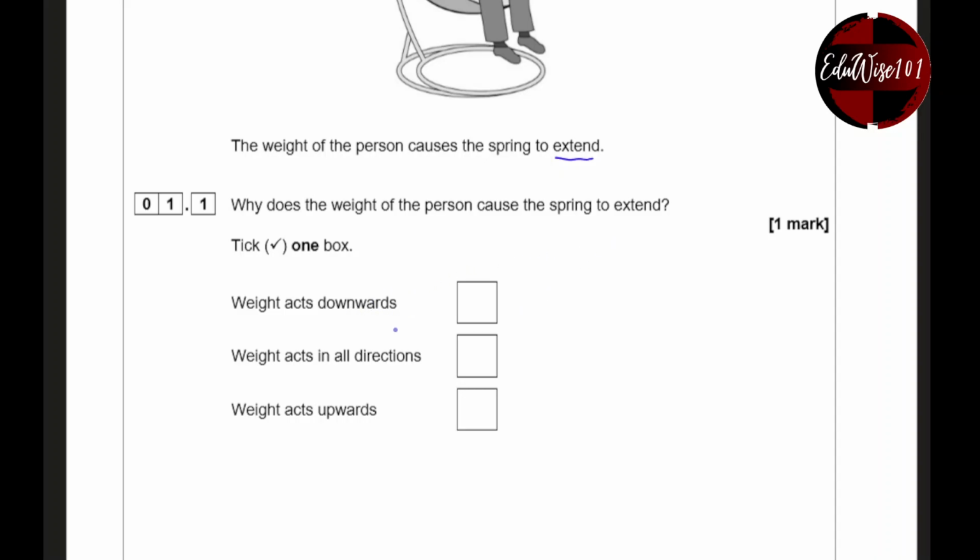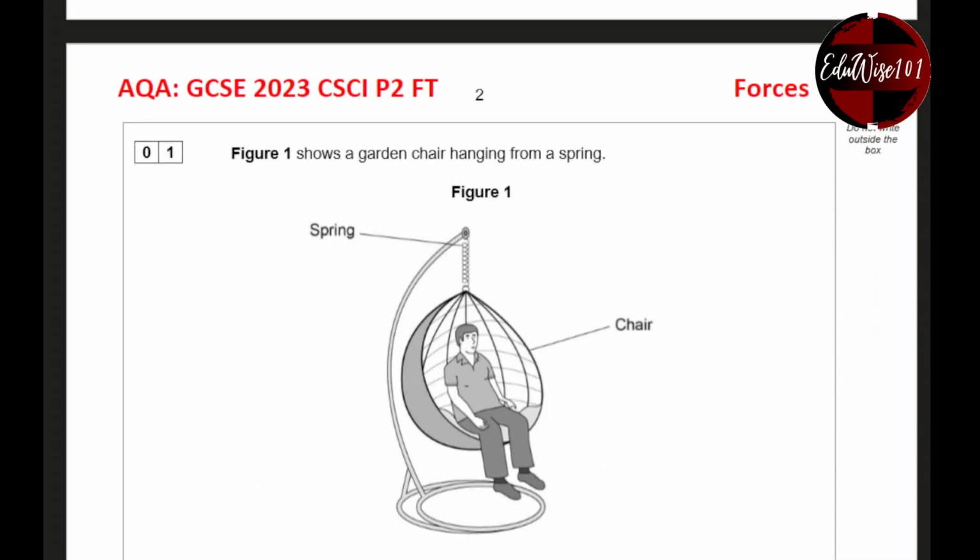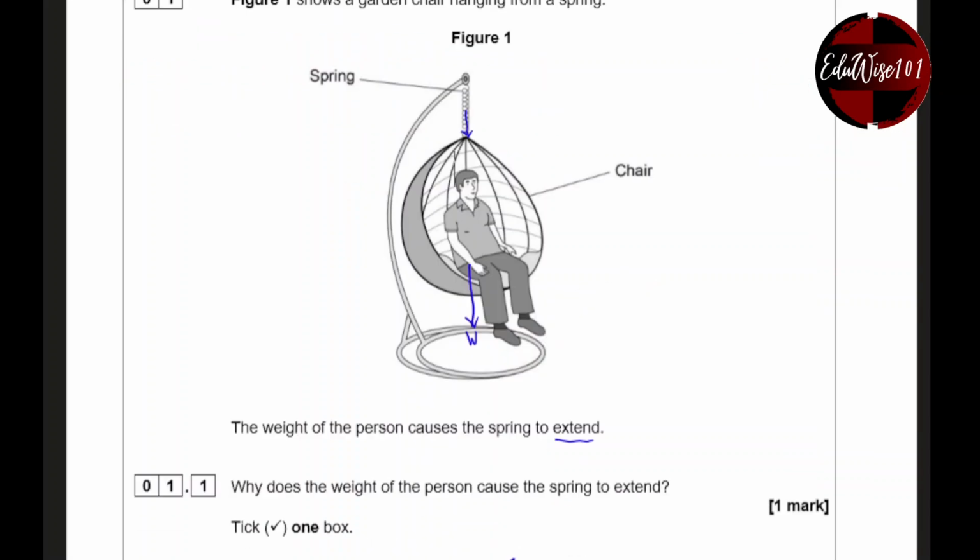Weight acts downwards, weight acts in all directions, weight acts upwards. The main reason it extends is because weight is acting downwards, which is pulling the spring downwards. So the weight is actually acting in this direction, which is causing the spring to be pulled in this direction, to be extended.